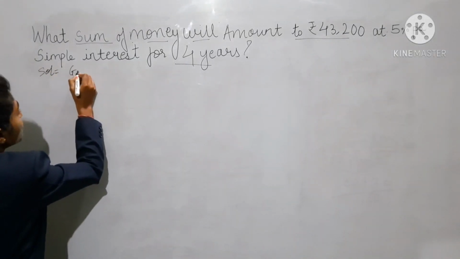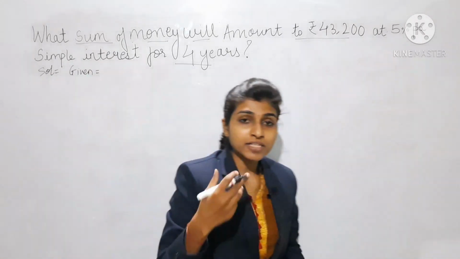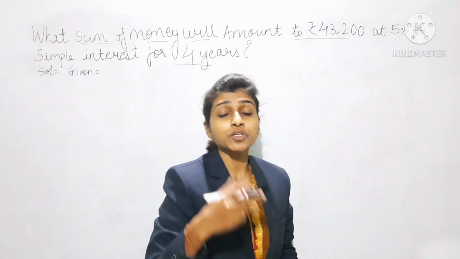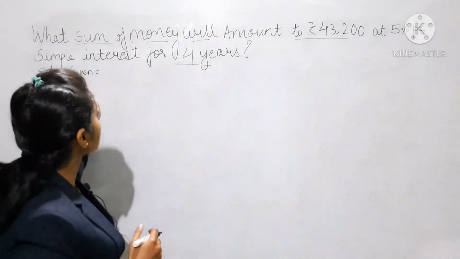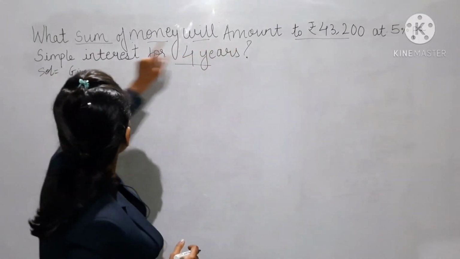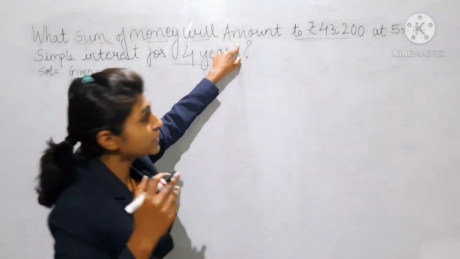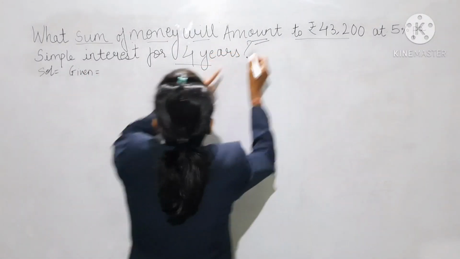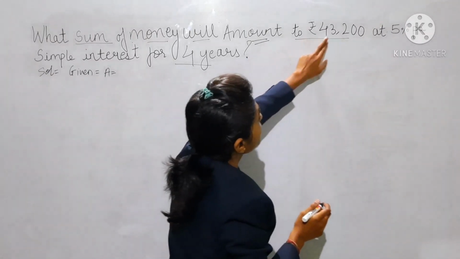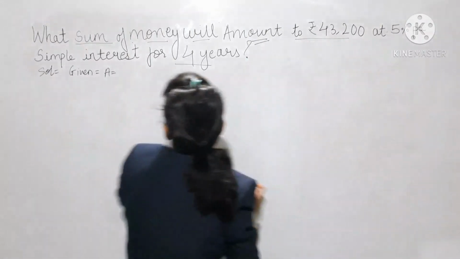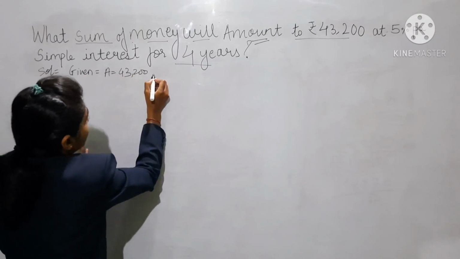Solution. First note down whatever is given in the question, and next note down what you have to find. In this example they have given the amount, A, which is 43,200.